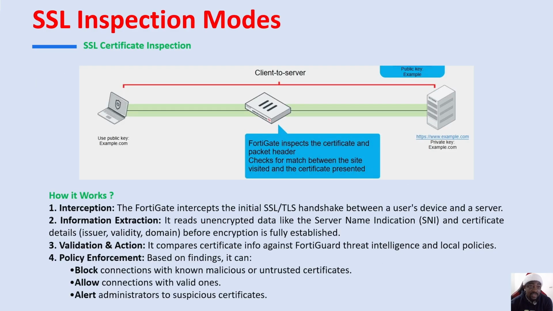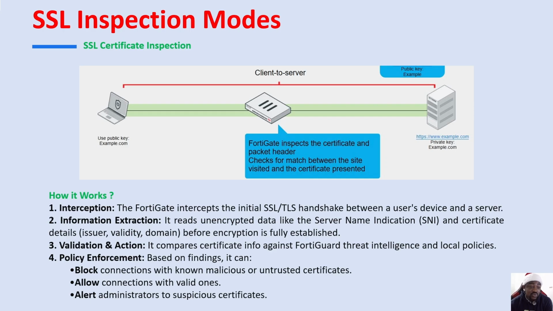Talking about SSL inspection modes, we have 2. The first is SSL certificate inspection, as its name says. This mode uses the SSL certificate information. FortiGate will inspect the certificate and the packet header, checking for a match between the site visited and the certificate presented.